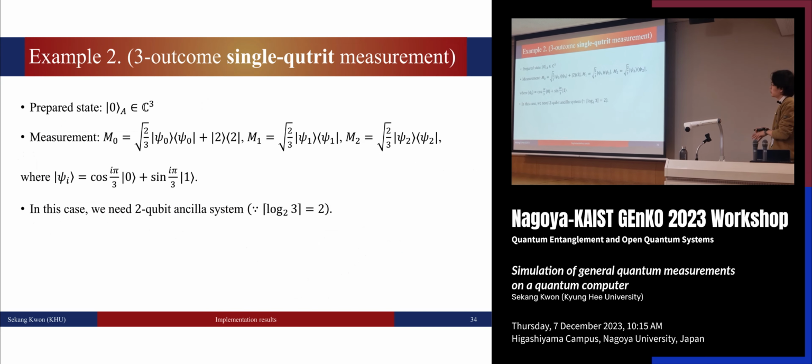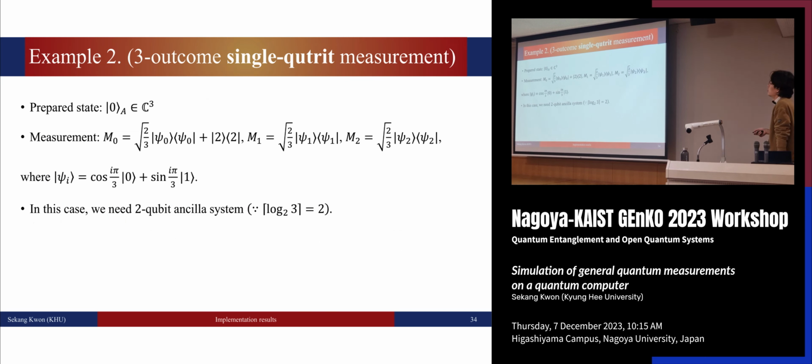Okay, so in example 2, we implement a three-outcome single-qutrit measurement. In this case, the prepared state is the 0 state in C3, and the measurement operators are like this, similar to the previous example.